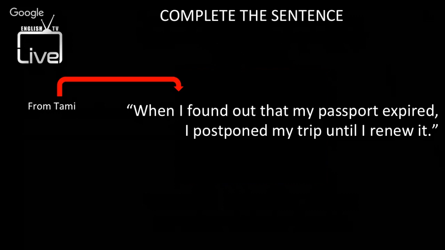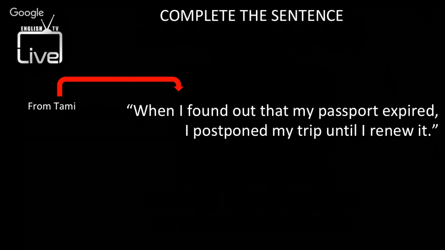My passport expired, and I really wanted to leave the country, not for any illegal reasons, but I wanted to travel and stuff, and I just couldn't because I didn't have my new passport, and my passport took a long time to get the new one, and it was very frustrating. So I sympathize and even empathize with Tammy. Yes, it sounds like a very difficult situation.